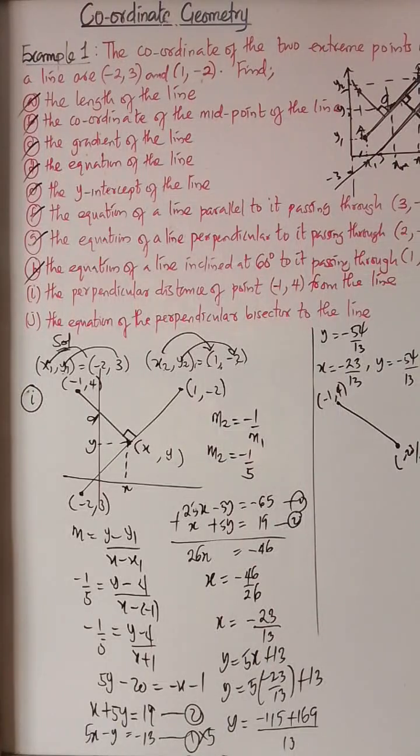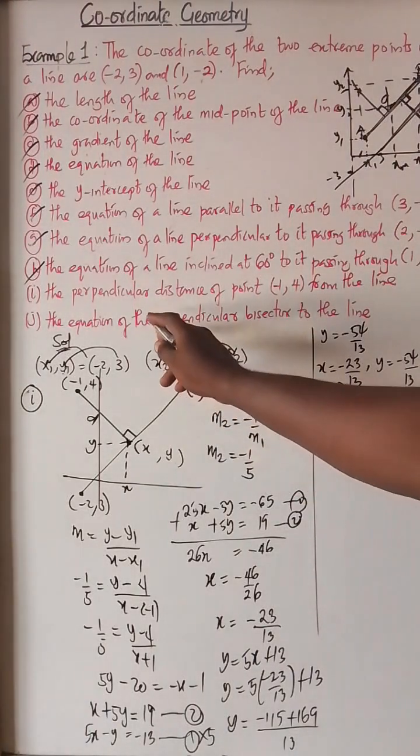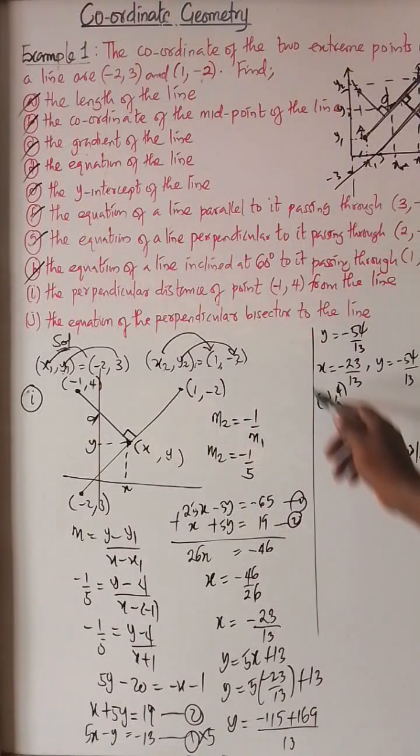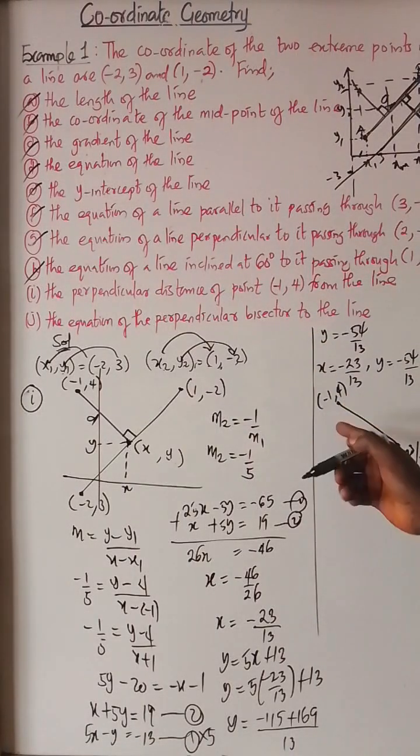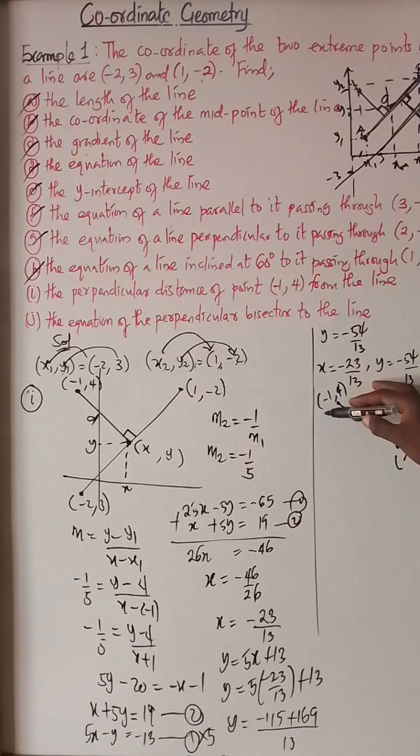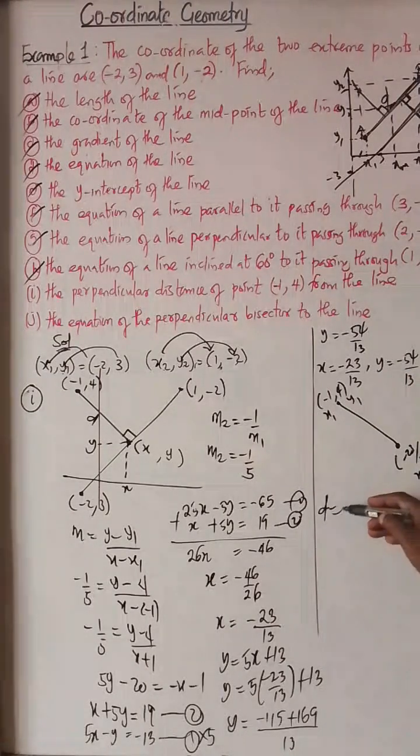Since our aim is to know the length of this, which is the perpendicular distance of this point from that line, this one can be our x1, y1, and this our x2, y2. So the distance between 2 points equals the square root of x2 minus x1 all squared plus y2 minus y1 all squared.